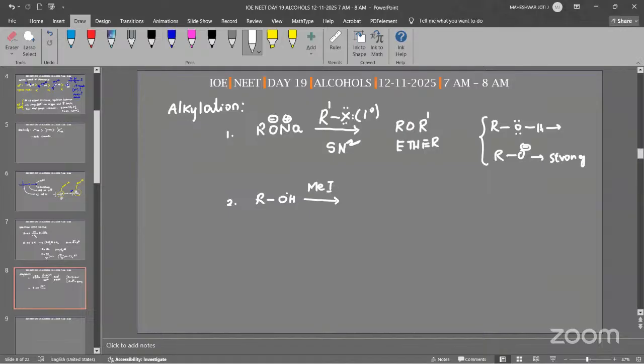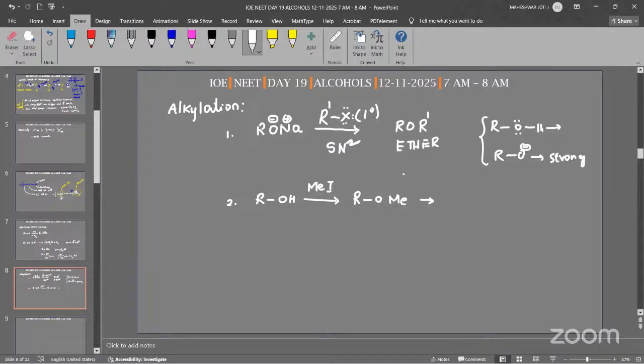Whatever RO minus is available in the alcohol, that is sufficient for the nucleophilic substitution reaction. So what is the product? ROMe, right? Why is this reaction possible?